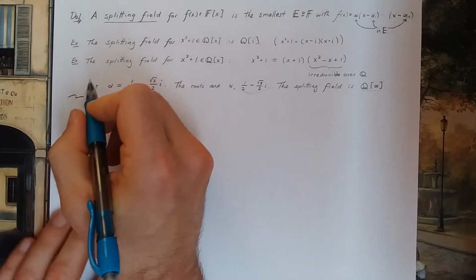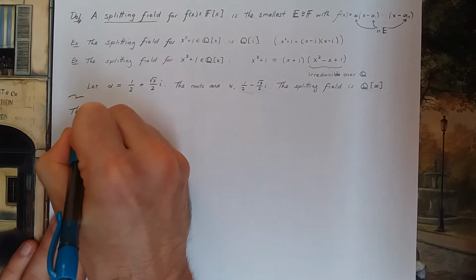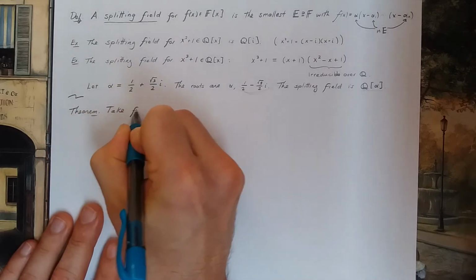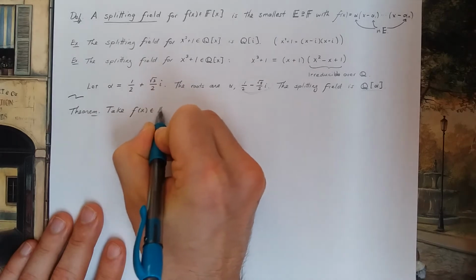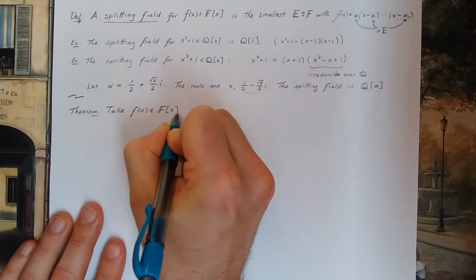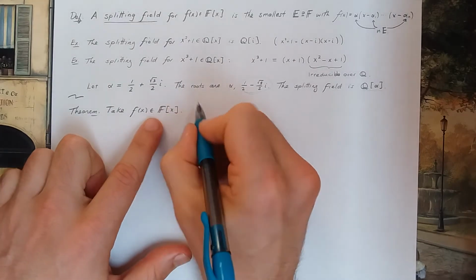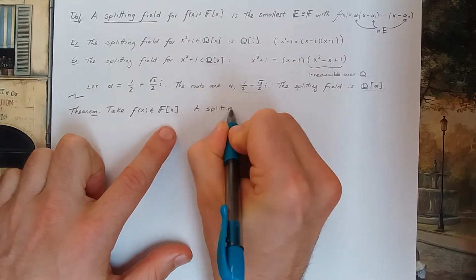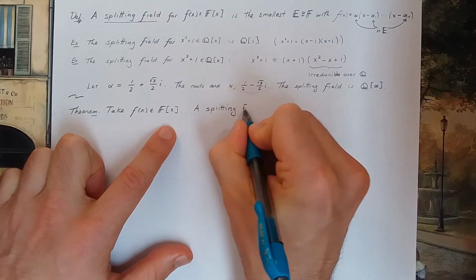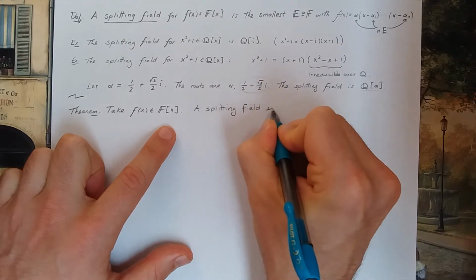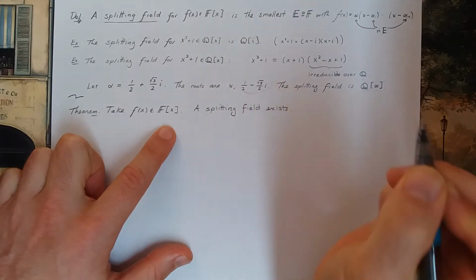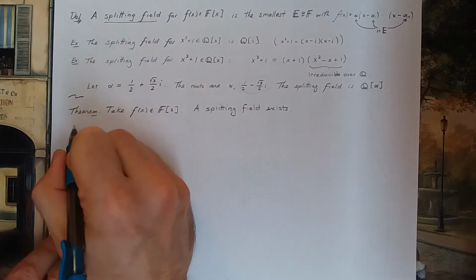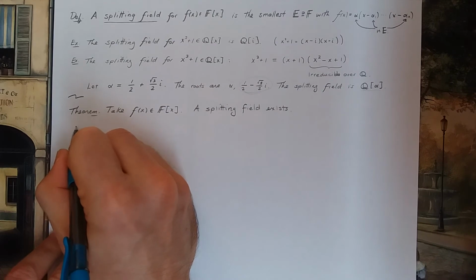All right, here is a theorem. Take a polynomial f of x with coefficients in your field. A splitting field exists. Okay, so we're going to prove this by induction on the degree of f.